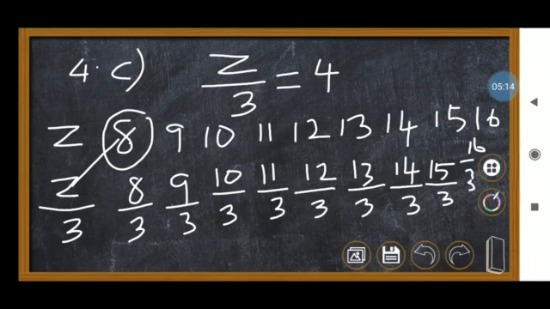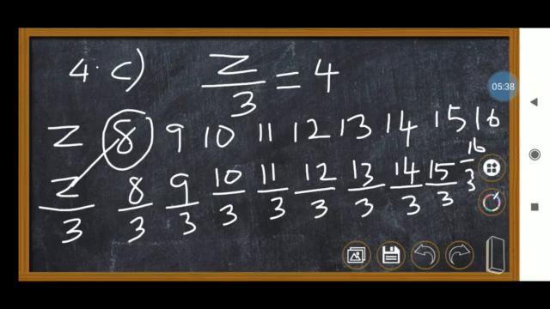So if you look at z by 3, it's a left hand side expression. On the right hand side, 4 is given, that is an expression without a variable. If you substitute the values instead of z, which value will be satisfied?